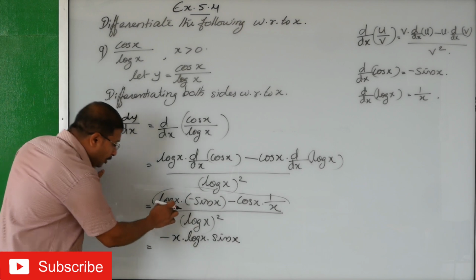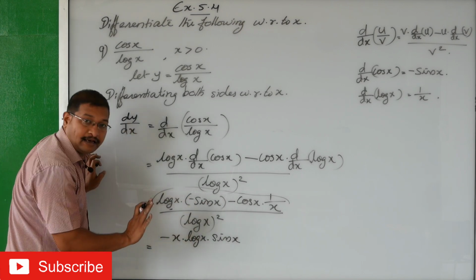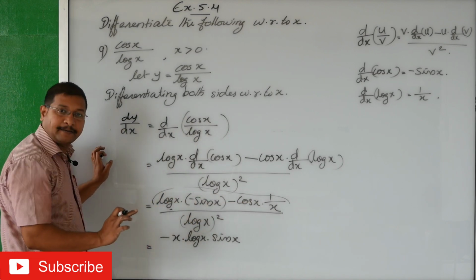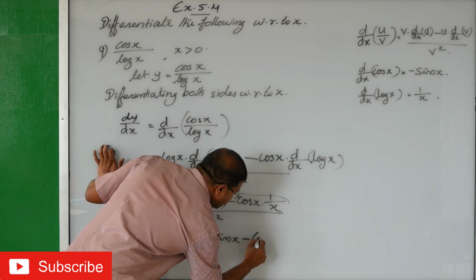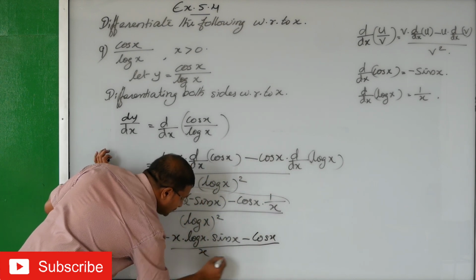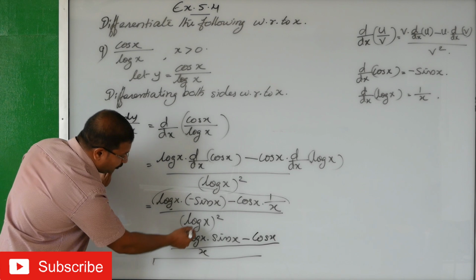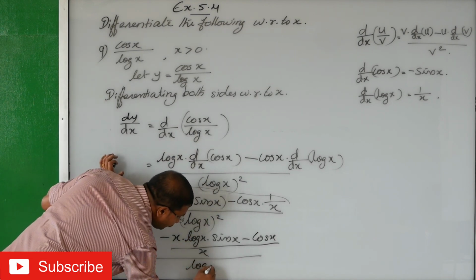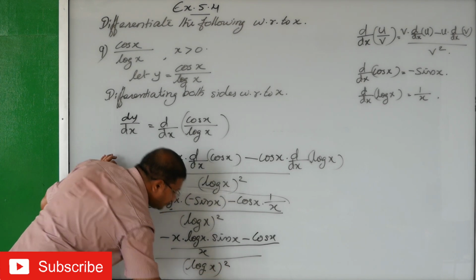I hope you understand. Log x into sin x and minus is already here. But we are taking LCM as x, then this x we have to multiply here. Minus cos x divided by x, the whole divided by log x the whole square.